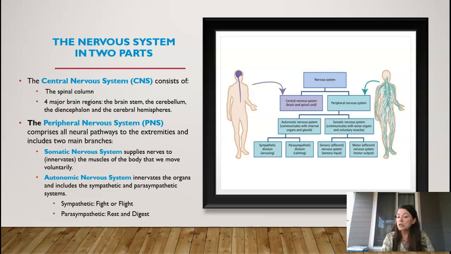The autonomic nervous system has two parts. The sympathetic, which is fight or flight, activates and energizes us, and the parasympathetic, which is called rest and digest, calms us. So it has the excitable one and the more relaxing one. And those are going to be more automatic than voluntary in a lot of that.